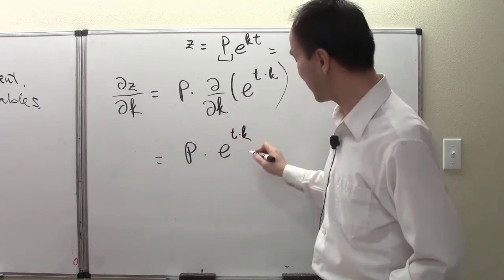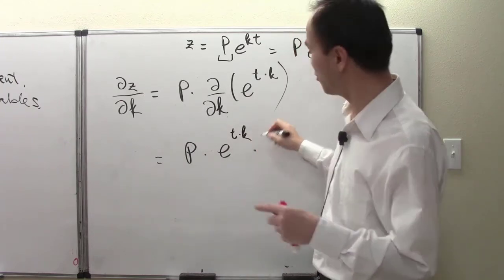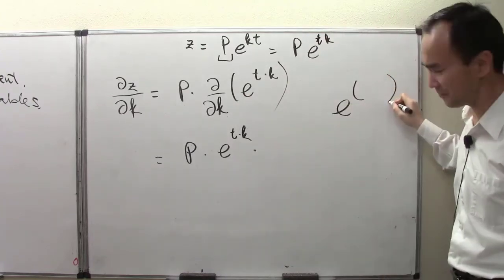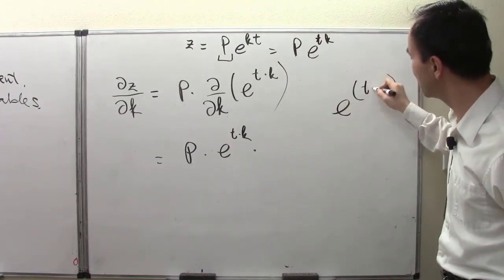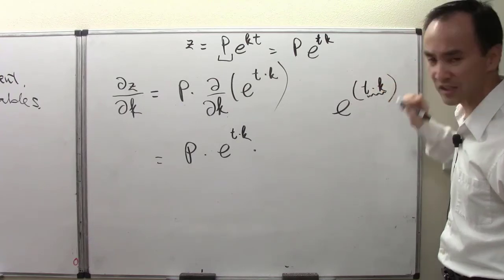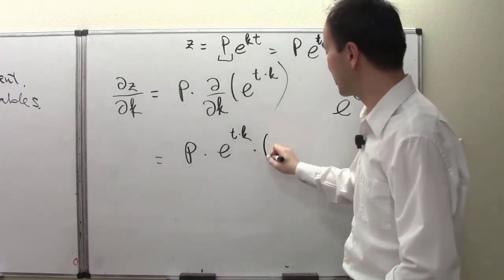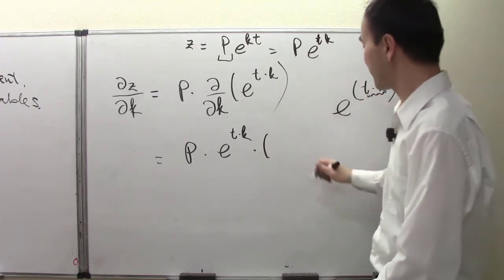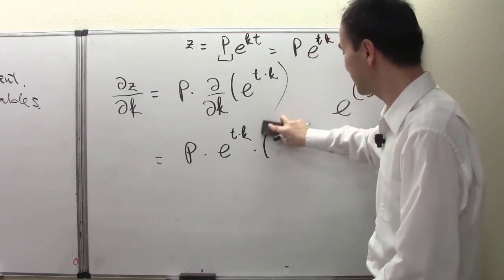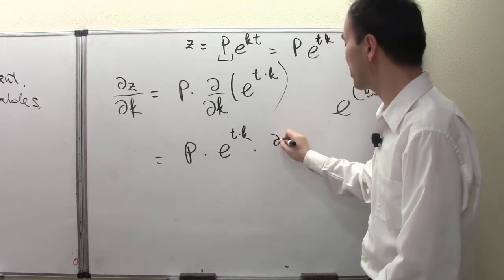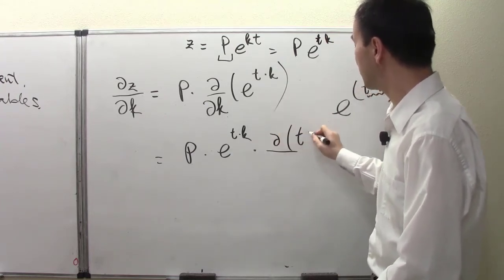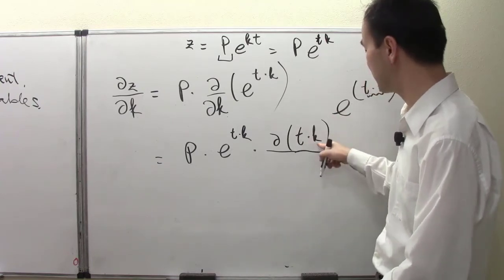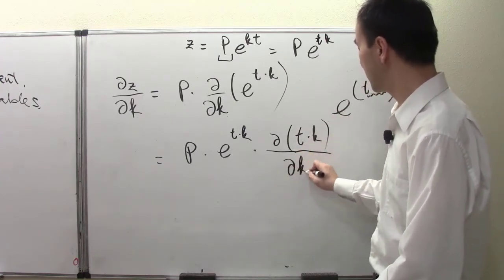Okay, we're repeating that. But wait a minute, the chain rule, because the outside function is e to the something, and then inside of that is some expression t times k. So this is a function inside right here. So now the chain rule says we have to multiply with the derivative of the inside. So the derivative of this is going to be the partial derivative of that t times k right there, but treating k as the variable, and then t as a coefficient.